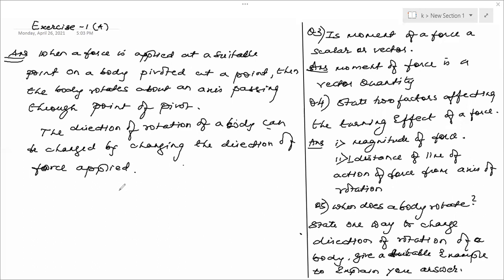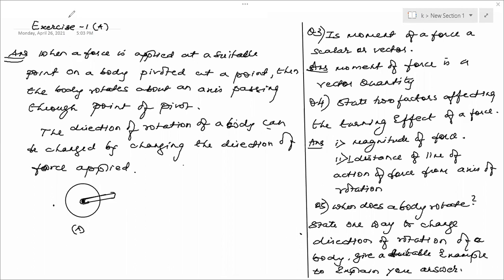Now, I want to explain this with the help of a diagram, so I'll tell you. There's an axle passing through this hole, and this is the handle of that axle. Please have a look at this. This is my figure A, got it?